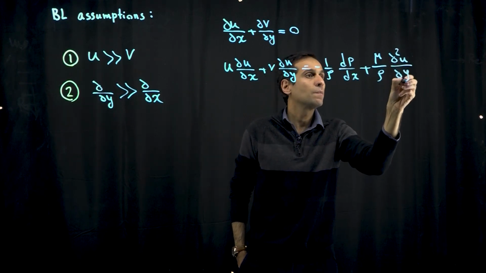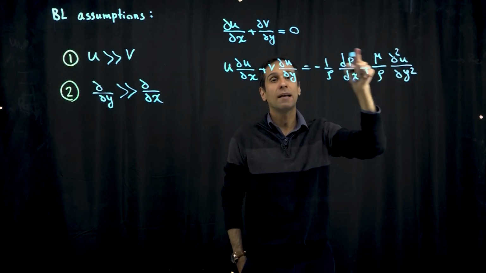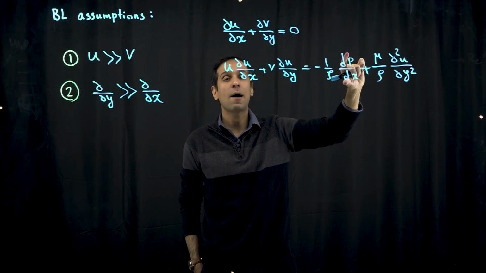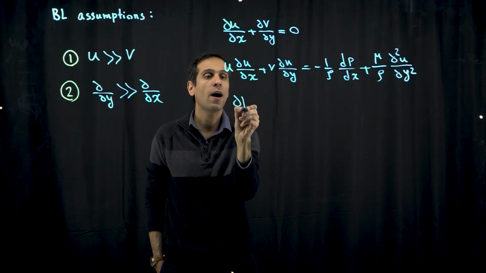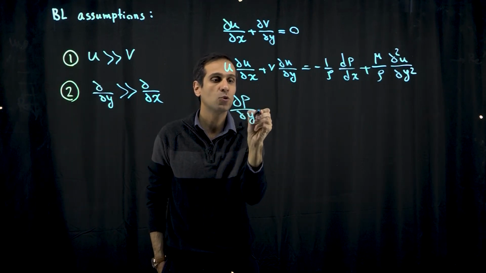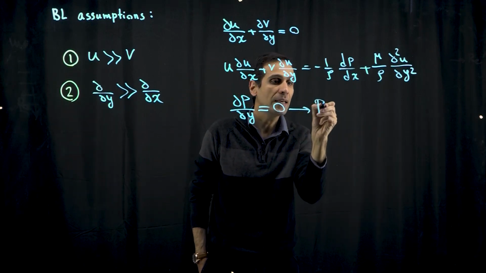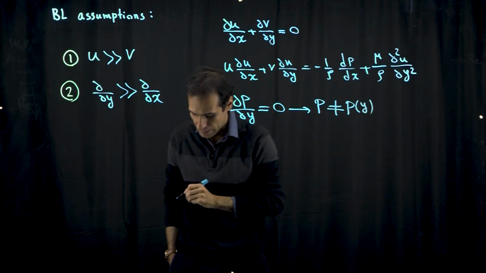Okay, one term for x has vanished, and one important thing: the pressure gradient now appears as ordinary differentiation rather than partial differentiation. And also the y momentum leads to this equation, which says that p is not a function of y.